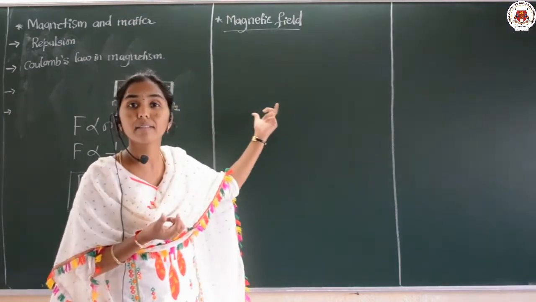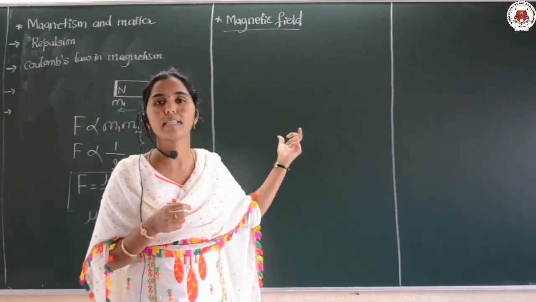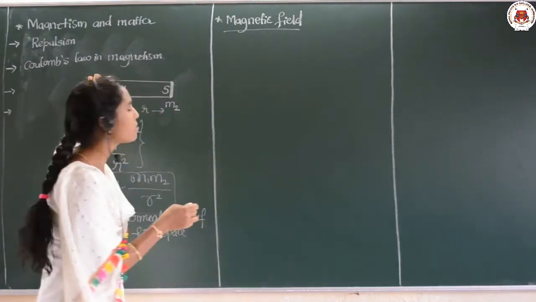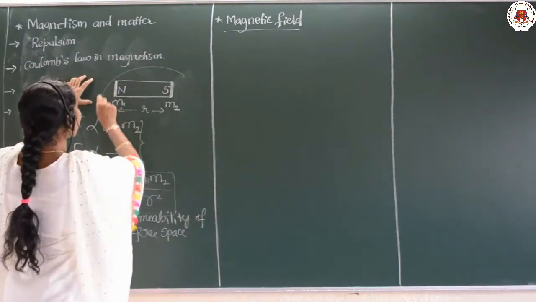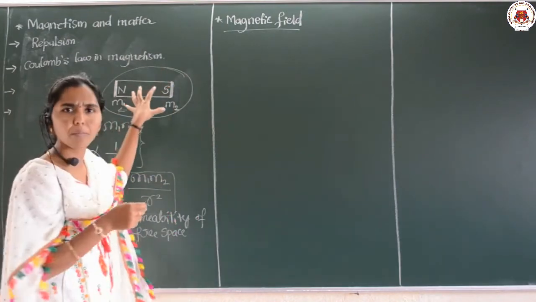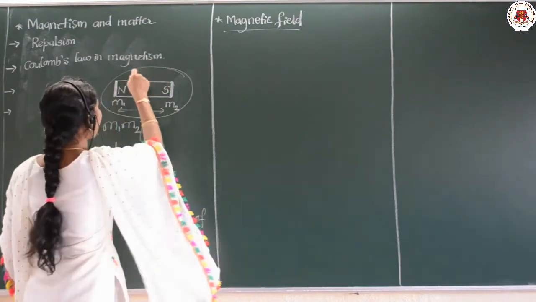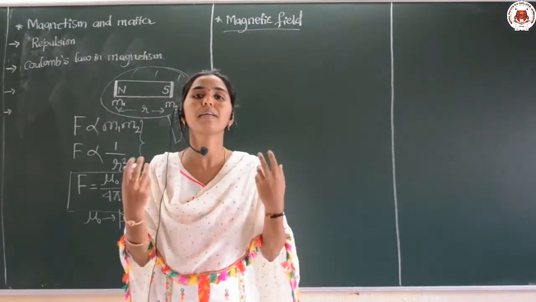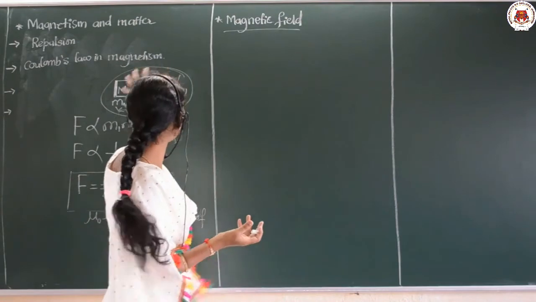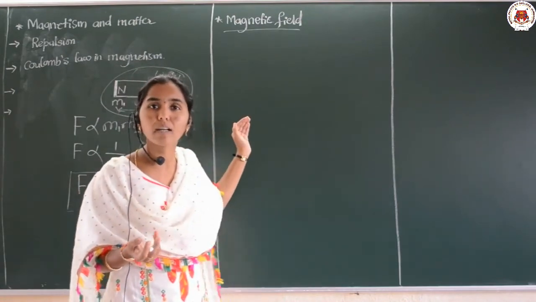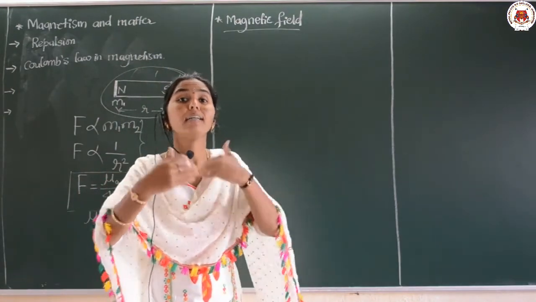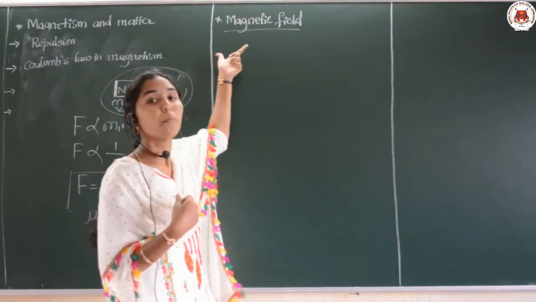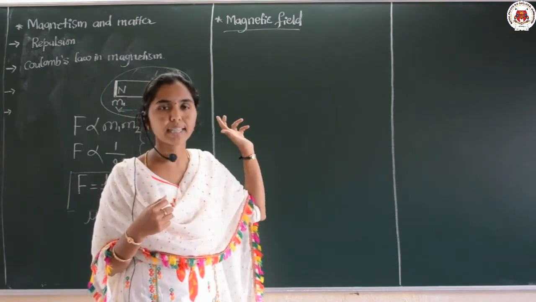Such a space is called the magnetic field. For example, if I take this magnet, around this magnet there is some area, right? If I bring any other magnet into this area, it definitely experiences a force. Such a space around the magnet where another magnet can experience a force, we call a magnetic field. Is that clear?